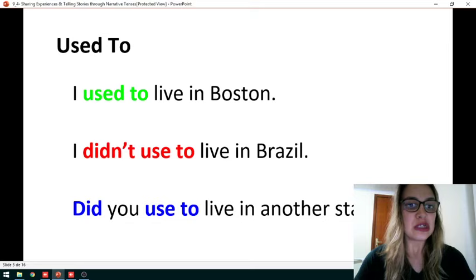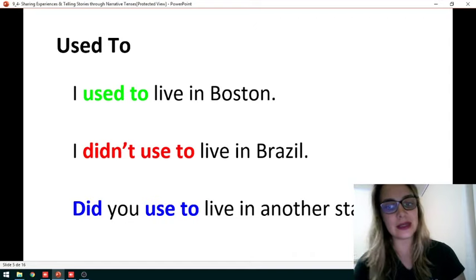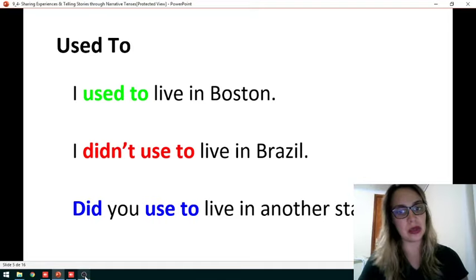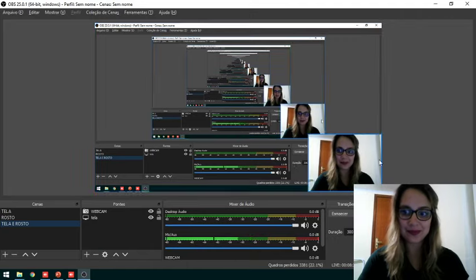However, in the negative, we don't say used with the D. We only say use, okay? So I didn't use to live in Brazil, okay? So remember, every time we speak in the negative, we use didn't and then we use use to, but without the D.